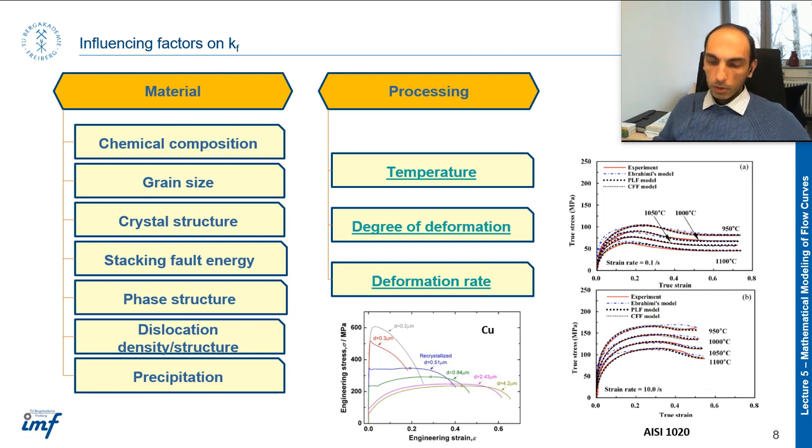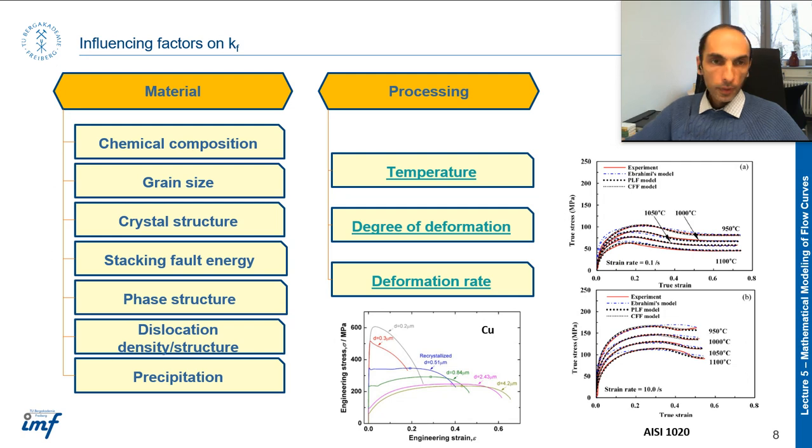The flow stress will depend on the chemical composition. Whether your alloy is iron based, or aluminium based, or copper based, of course, it matters for the flow curve and flow stress, and also the alloying elements. For example, in the type of steel you have, which alloying elements you have. Each alloying element has its own effects on the flow stress.